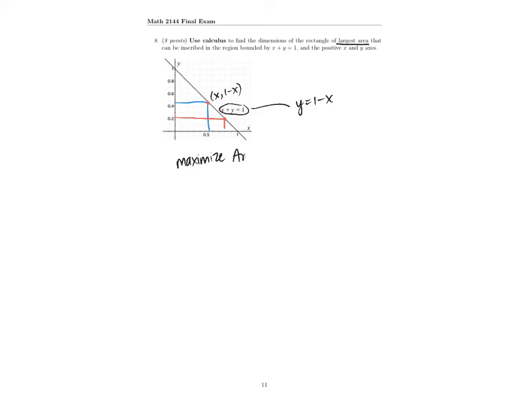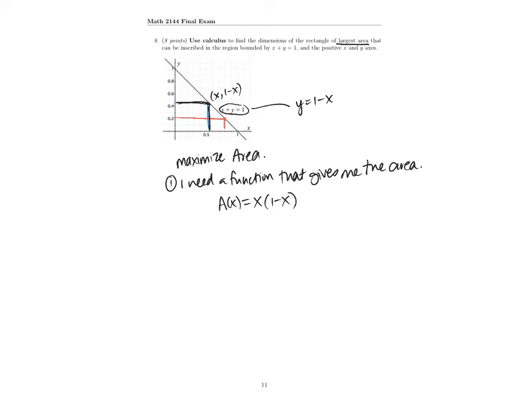the area. So in order to do that, the first thing I need is a function that gives me the area. And so the area function, A of x, is going to be the height of the rectangle times the width of the rectangle. So it's going to be x times 1 minus x. So that's my area function.